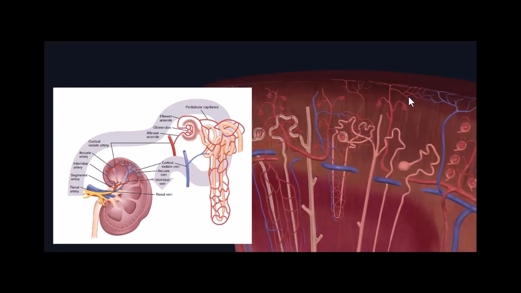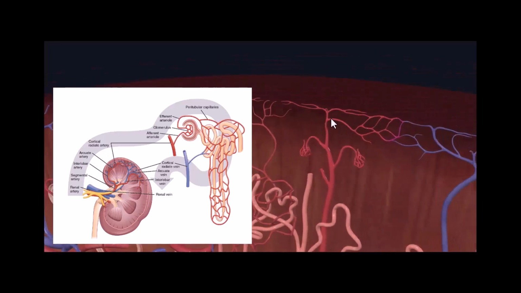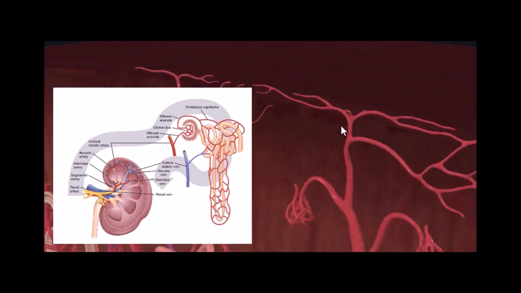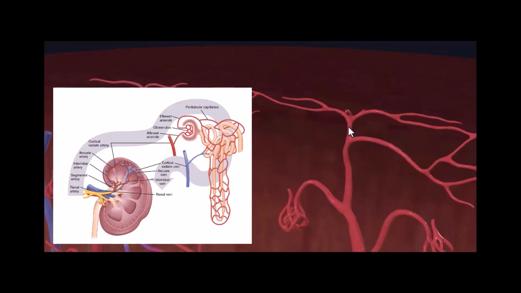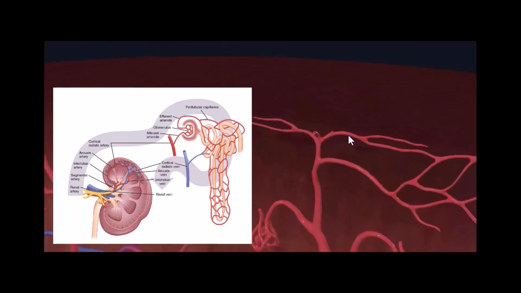Before I forget, we also have a collection of vessels right here, and these are really just the intrarenal vessels. The whole purpose of these vessels is not to conduct the filtration process of the filtrate.